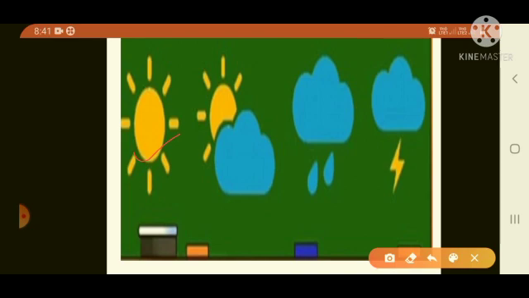Weather changes from day to day, hour to hour. Sometimes it is very bright and sunny, and other times it is cloudy and the sky is covered with the clouds. Hot, cold, humid, rainy, cloudy, windy, all these describe the different conditions of the atmosphere around us. This is called weather. The weather is a condition of the atmosphere around us.